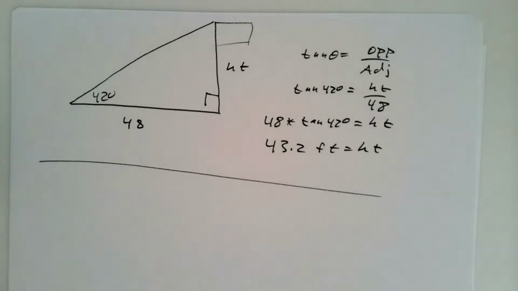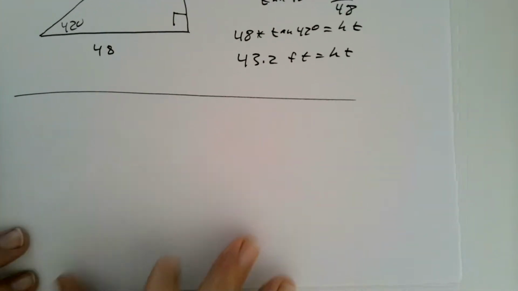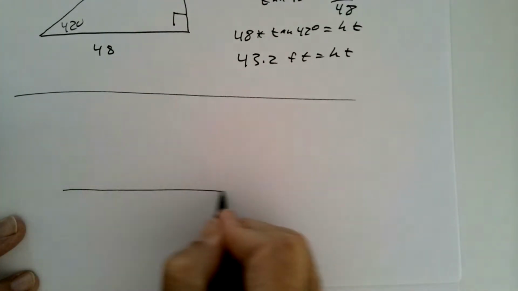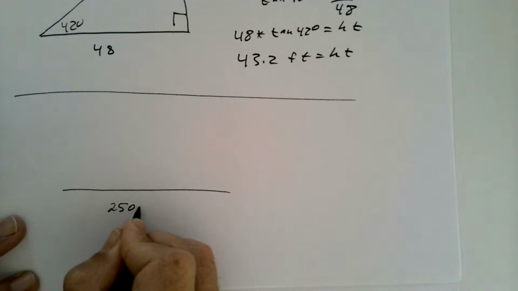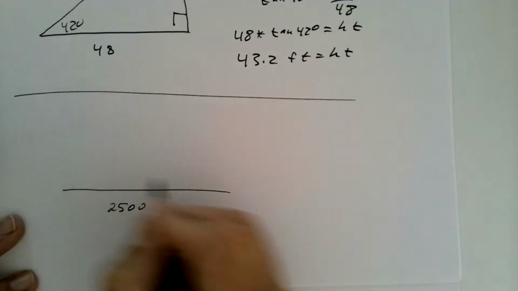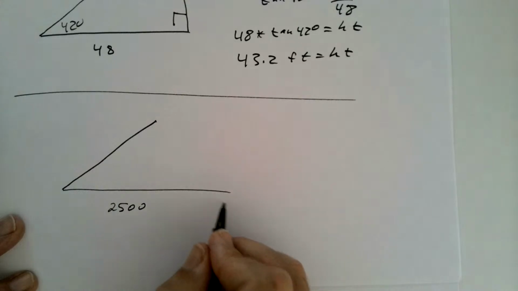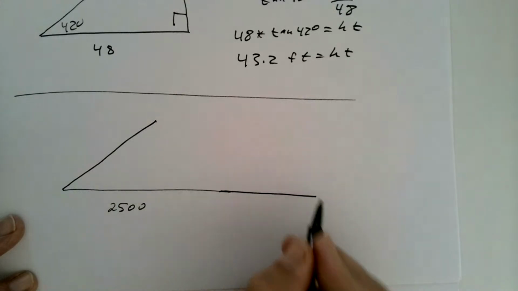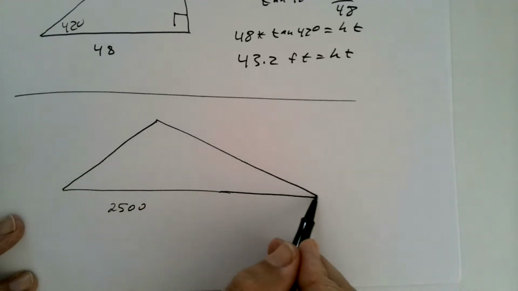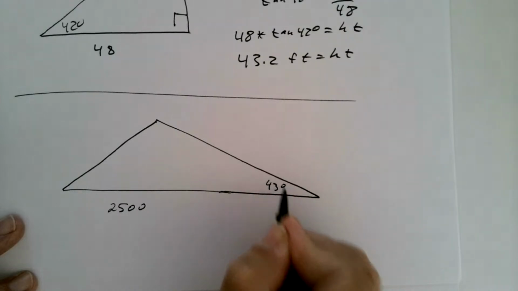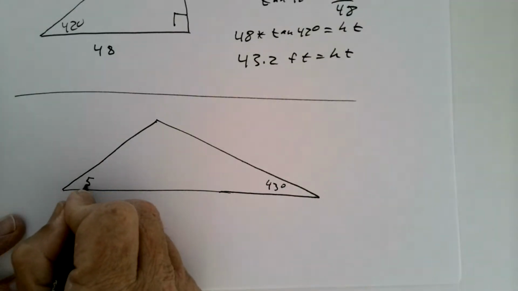We want to find the height of the airplane. So they are 2,500 feet apart. One angle of elevation is 57 degrees, and the other is 43 degrees. I'll make this a little longer, so that's more likely to be the case. So this is 43 degrees, and this is 57 degrees.